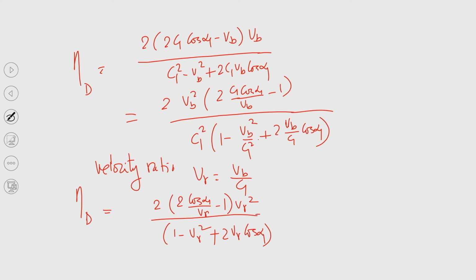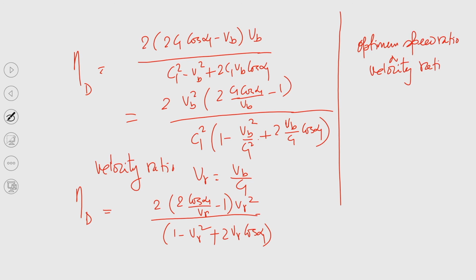So, now if we try to find out optimum speed ratio or velocity ratio for which eta d is eta d maximum, right. So, what we need to do?